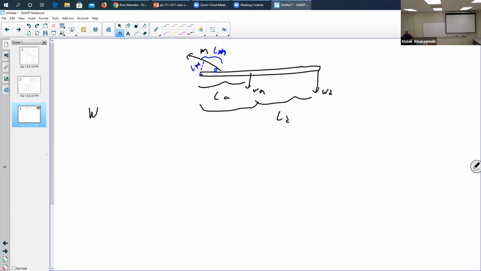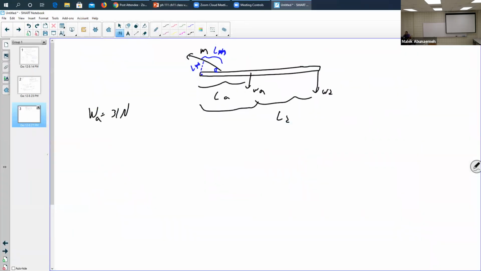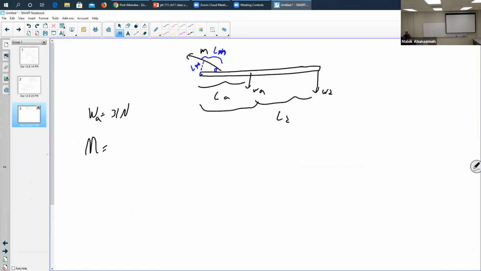So your weight of the arm is 31 newtons. Your M force, this M force over here, I'm gonna give it big M, M force is 1840 newtons.